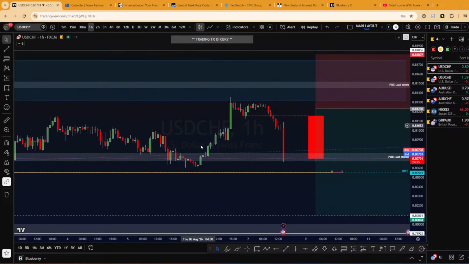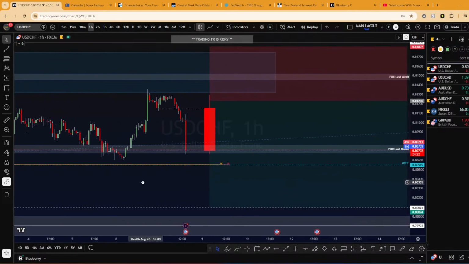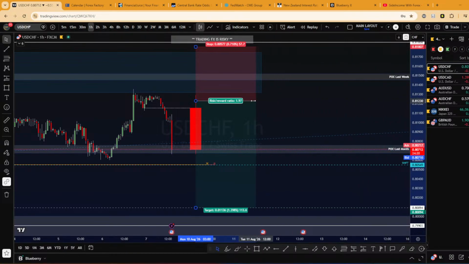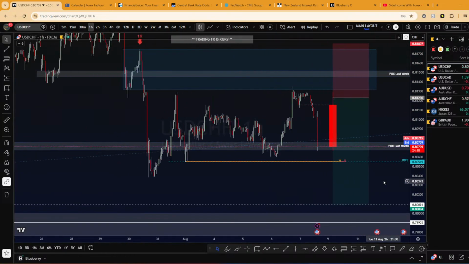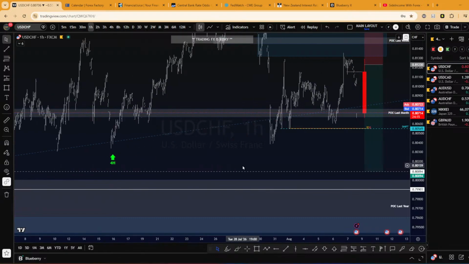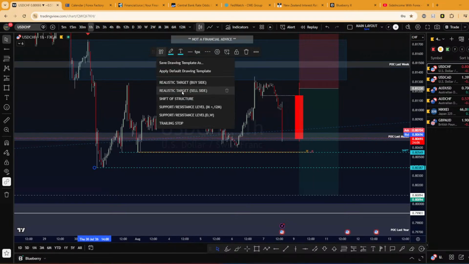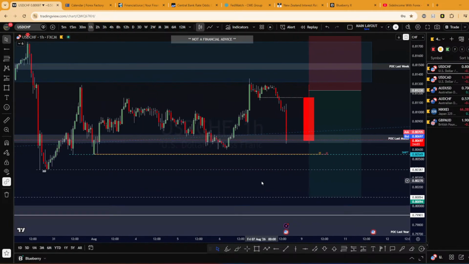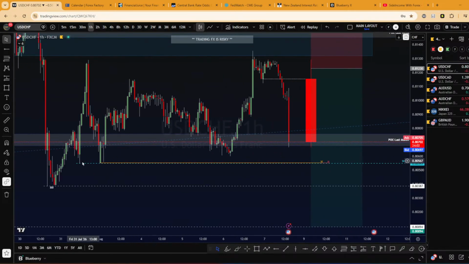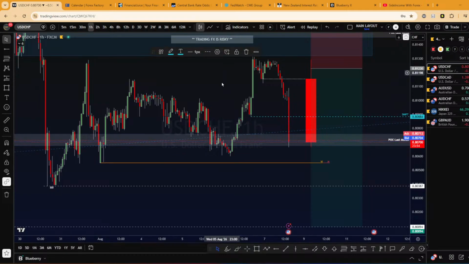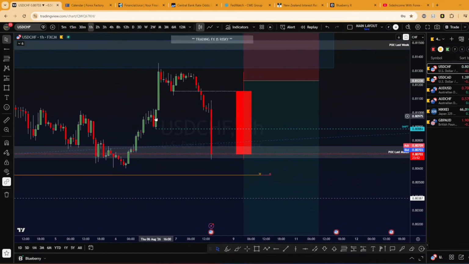How can I get in this trade? Let me see. Because we still have some room to target here. These lows, I also put here, a realistic target on the sell side. Maybe consider that we shift the structure here.